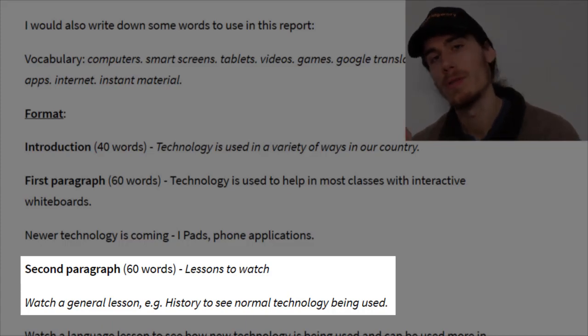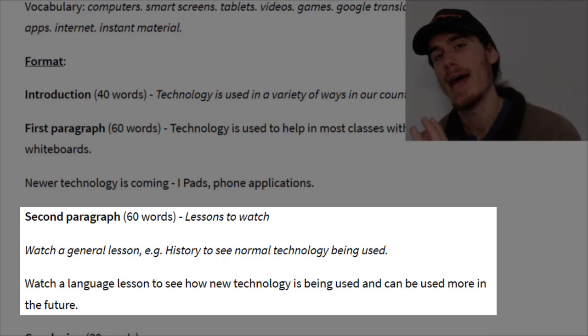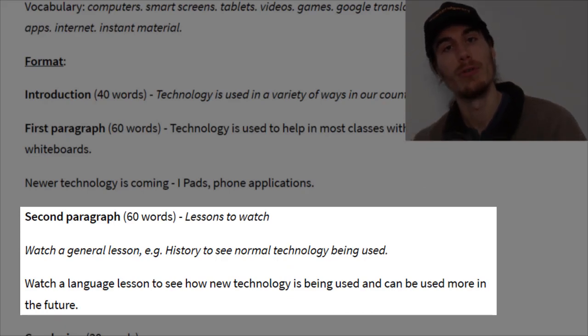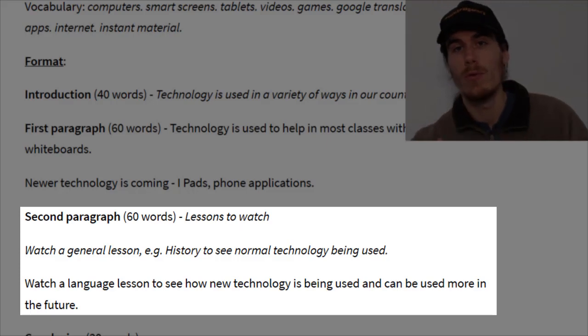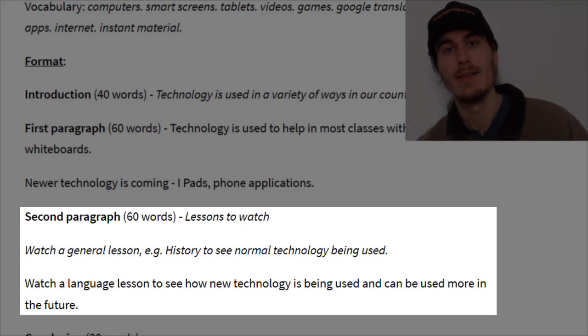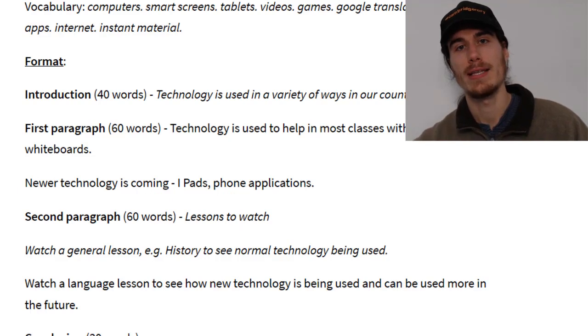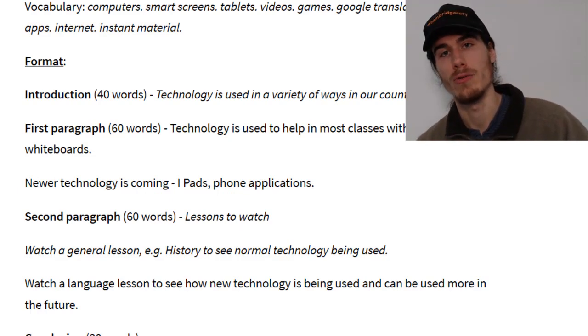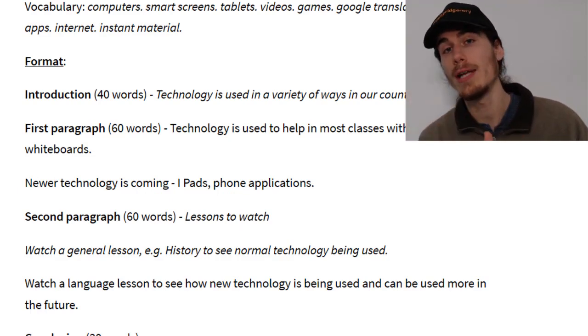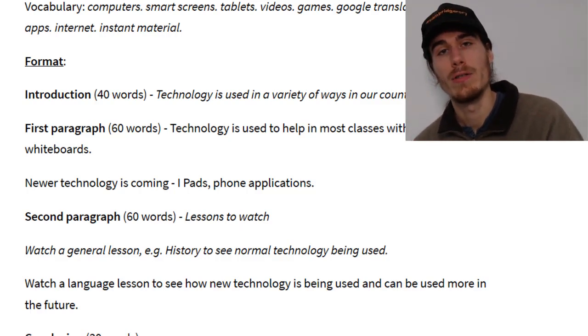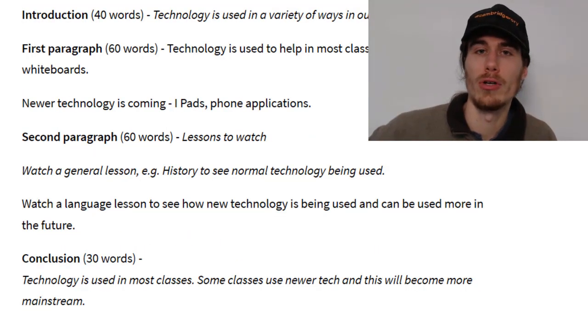And then I will go more specifically to looking at how technology is used in language classes, because that's the more advanced technology that I think will be coming through in the next few years. And the language lesson is the one that I would recommend teachers to watch. In fact, I would recommend watching a general lesson where basic technology is used and a language lesson where more advanced technology is used. And then I would write a quick conclusion of about 30 words summarizing and making clear my recommendations.